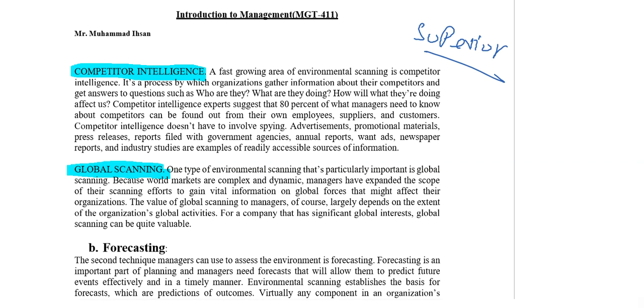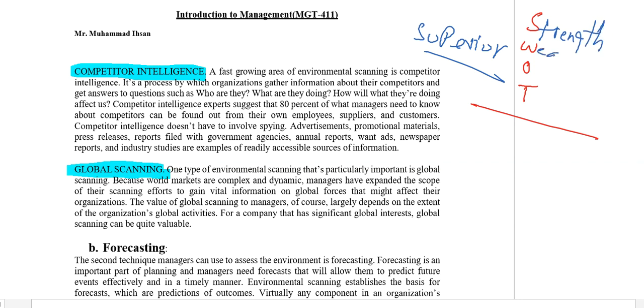So in this regard, students, we can conduct two different analyses. Number one is SWOT analysis. Number two is PEST, but PEST is not that much relevant. SWOT means we will evaluate strengths, weaknesses, opportunities, threats.